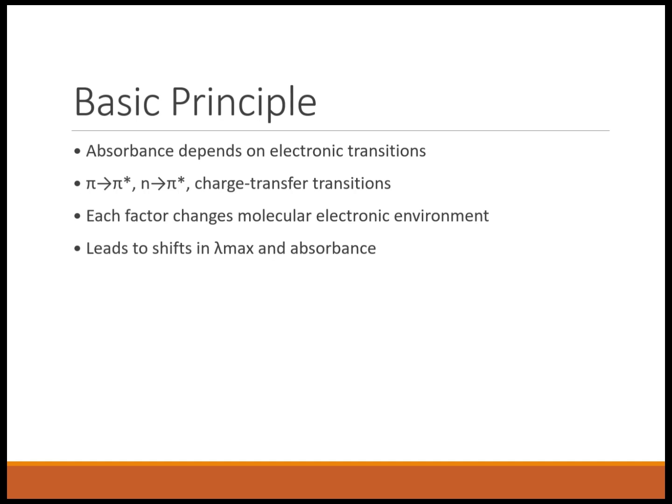Pi to pi star transitions occur in conjugated systems, and n to pi star transitions occur in molecules with lone pairs such as carbonyls. Each factor we will discuss today affects either the electronic energy gap or the availability of the electrons for excitation. This leads to change in lambda max, intensity, and spectral shape.